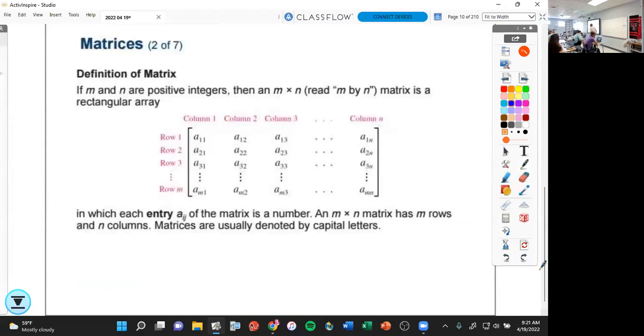Here. If I just looked at this part right here, that would be a 3 by 3 matrix, right? 1,1, 2,2, 3,3. That's your main diagonal. That's important. Understand where that main diagonal is.